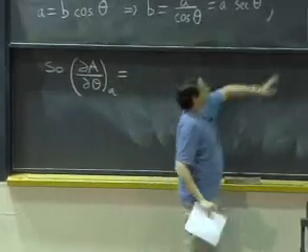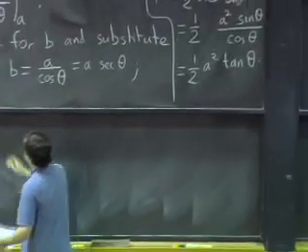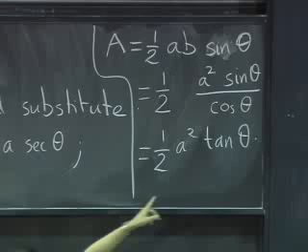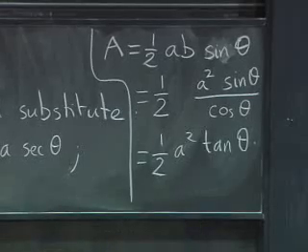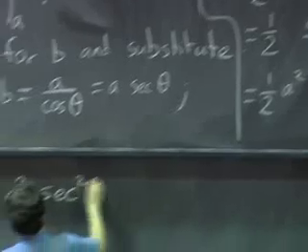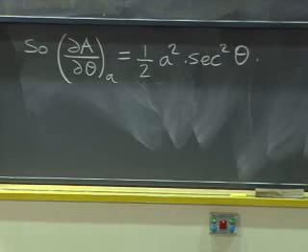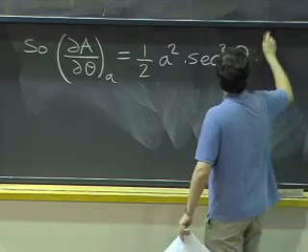Well, if a is a constant, then I get this 1/2 a squared coming out times, what's the derivative of tangent? Secant squared. Very good. If you're European and you've never heard of secant, that's 1 over cosine. And if you know the derivative as 1 plus tangent squared, that's the same thing, and it's also correct. OK, so that's one way of doing it.